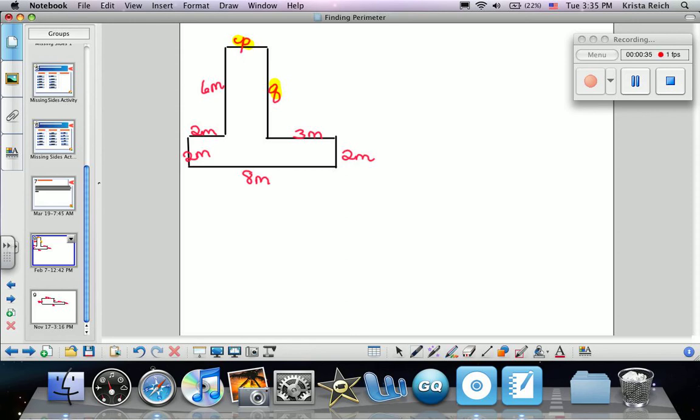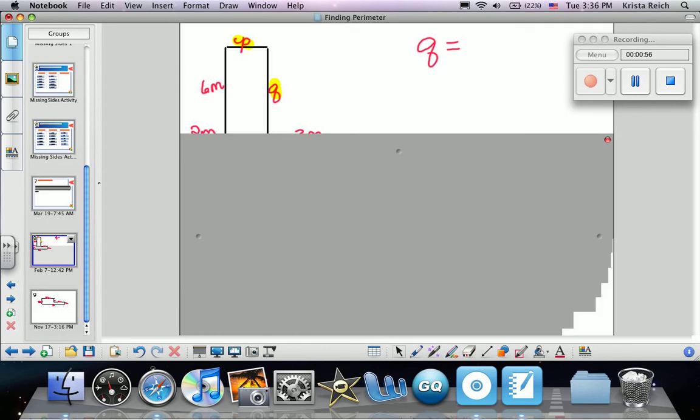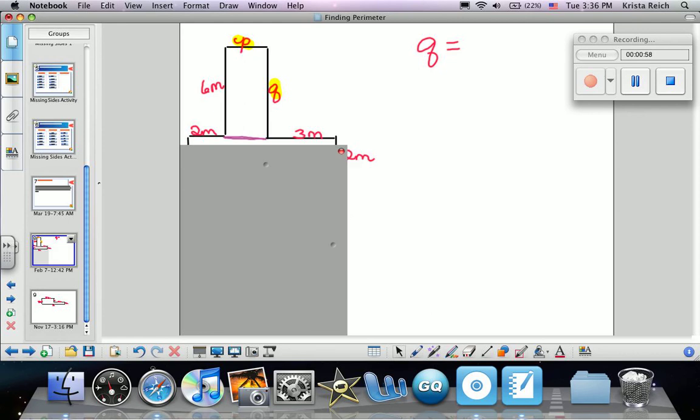First off, I'm going to focus on Q. I want to find Q first. Look at what I'm going to do here. If I draw a line right here, and I completely cover up this bottom part, and just focus on this shape right here, this rectangle, what is Q equal to?